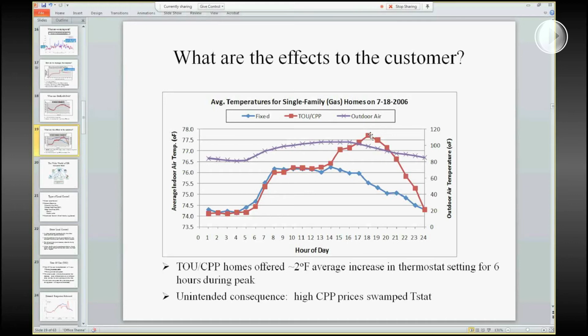Some customers are experiencing a significant shift in their thermostat set point, but in this case, on average, about 2.5 degrees. And so it lets you track the way that the system is evolving, not only naturally, but also by how your signal is actually affecting the evolution of that system.